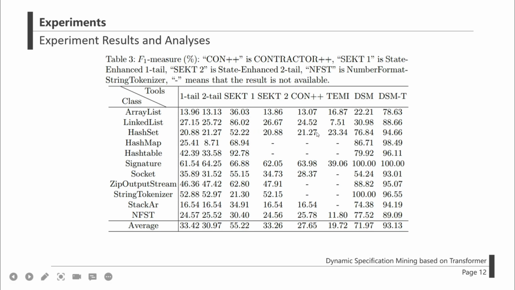ICKT2, Contractor++, and TMI failed on 2, 4, and 6 classes. On average, the alpha measure of DSMT finally reaches 93.13%, which is 21.16% higher than the best performing of the other 7 tools.